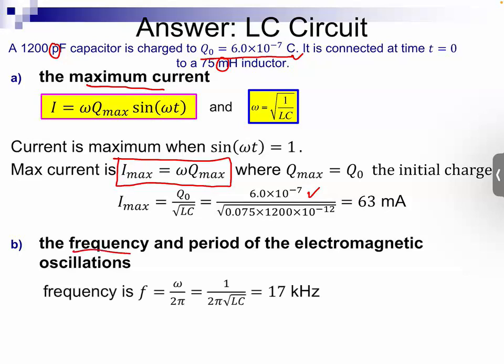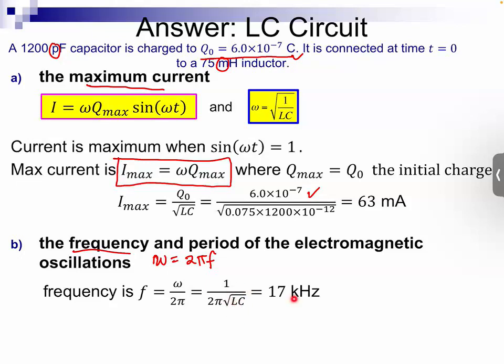But the frequency of oscillations is defined from omega equals 2 pi f, right? So rearranging that, f will be omega over 2 pi, where omega, the angular frequency, is described by the definition from the inductance and capacitance.